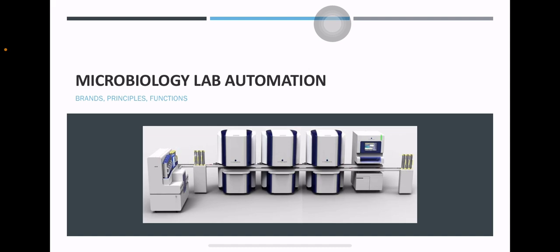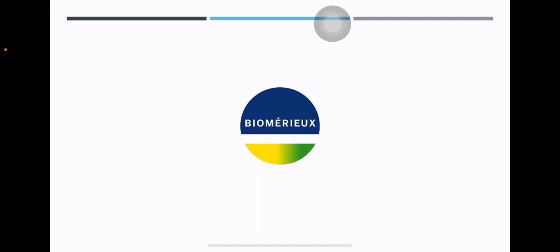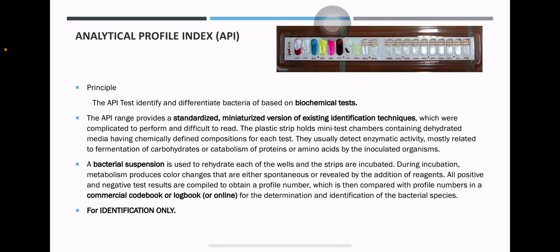Now let's proceed to the automation in the microbiology lab. We have different companies or manufacturers providing machines or fully automated equipment in the laboratory. First, we have bioMérieux. From bioMérieux, we have your API.